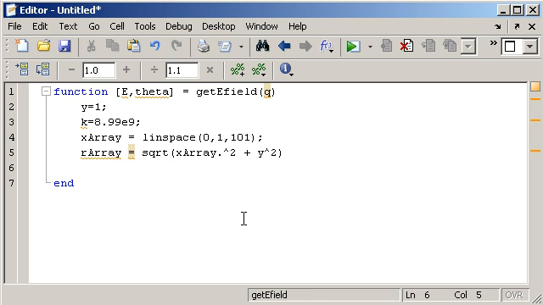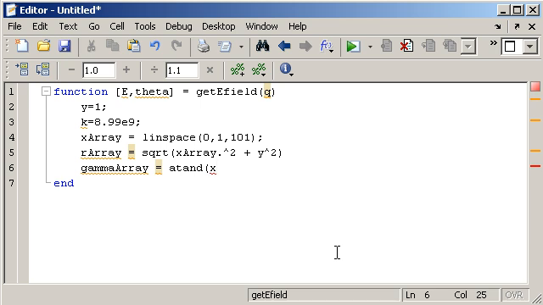And so gamma array is equal to atan D of, I think it's y over x. No, it was x over y. That's why I worked with that angle.